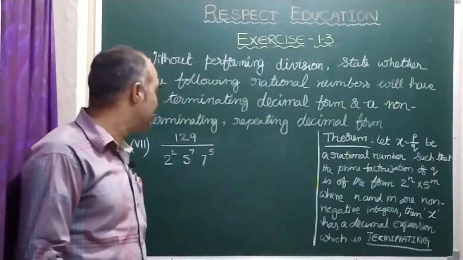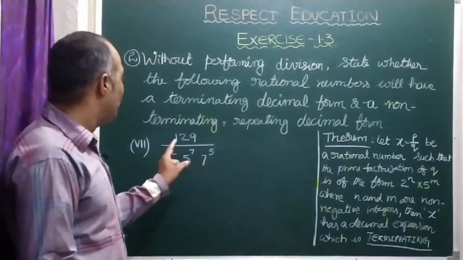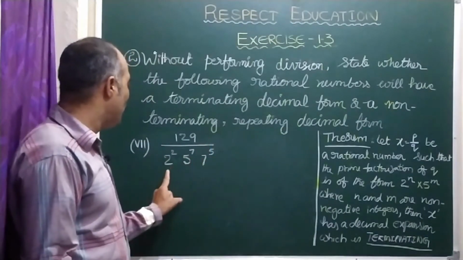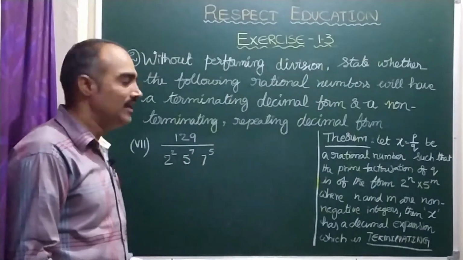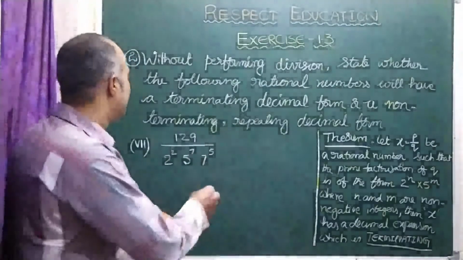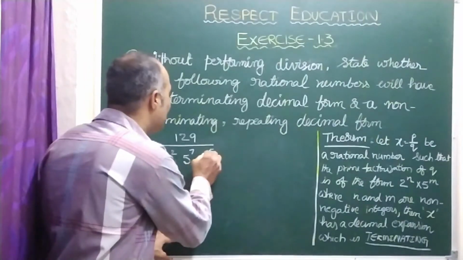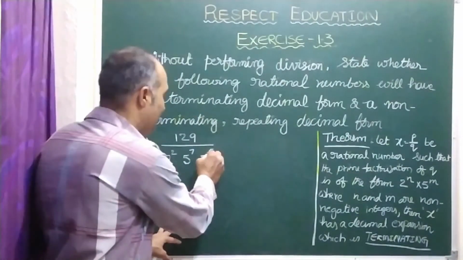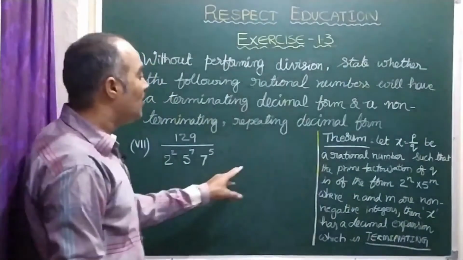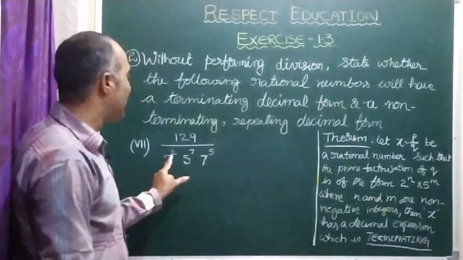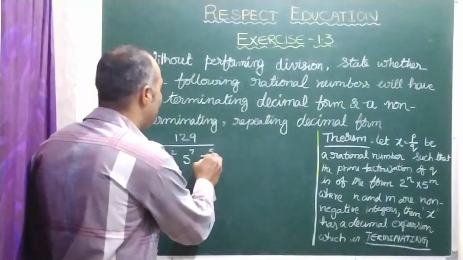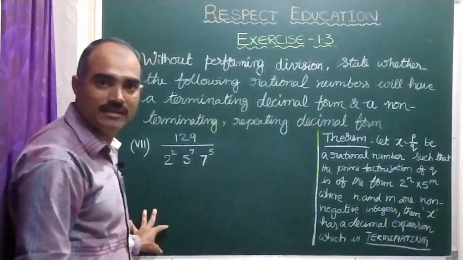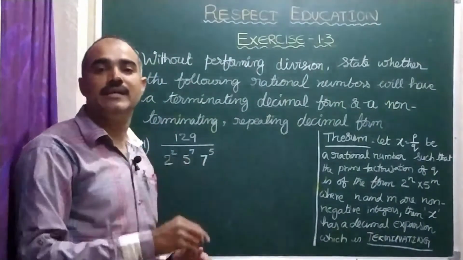Now let us see the next bit, that is the 7th one. 129 by 2 power 2, meaning 2 square into 5 power 7 into 7 power 5. Clearly you just observe, children, that the prime factorization of q is not in the form of 2 power n into 5 power m. But you need to take care, children, before concluding any statement, sometimes checking is required.